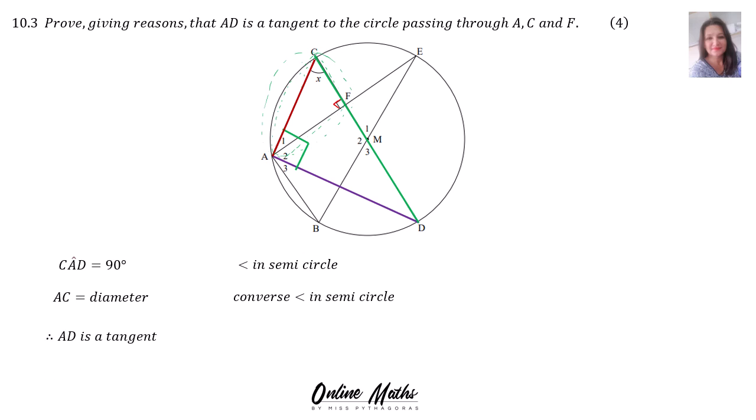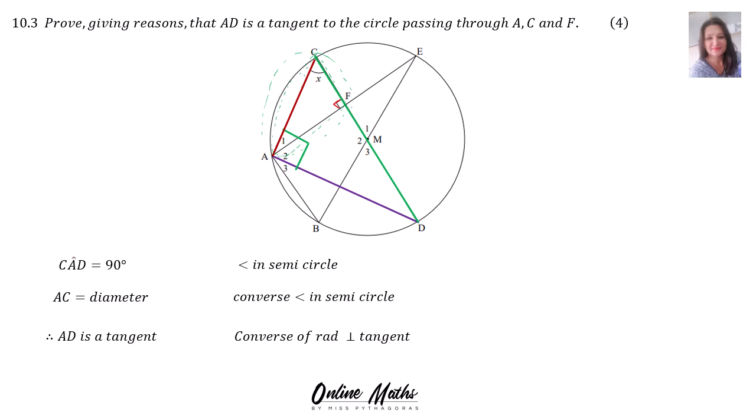So because of that 90 degrees, we have that AC is a diameter. And therefore we can say that AD is a tangent because it's the converse of the radius perpendicular tangent. So that AC is a diameter, and then half of it will be a radius, and there's a 90-degree angle, that angle at A1 plus A2, therefore AD is a tangent.